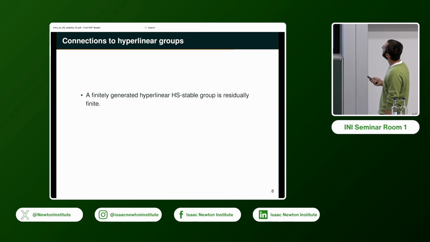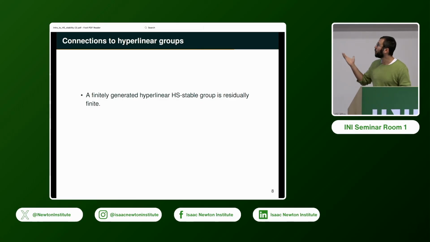If you have a group that is hyperlinear, so there exists some approximation, and it is stable, that means you can correct that almost representation to a representation. You get that your group can be represented faithfully into matrices, and then by Malcev you can get also to permutations, to finite groups, and that's how you get residual finiteness. So indeed this could be one connection to hyperlinearity.